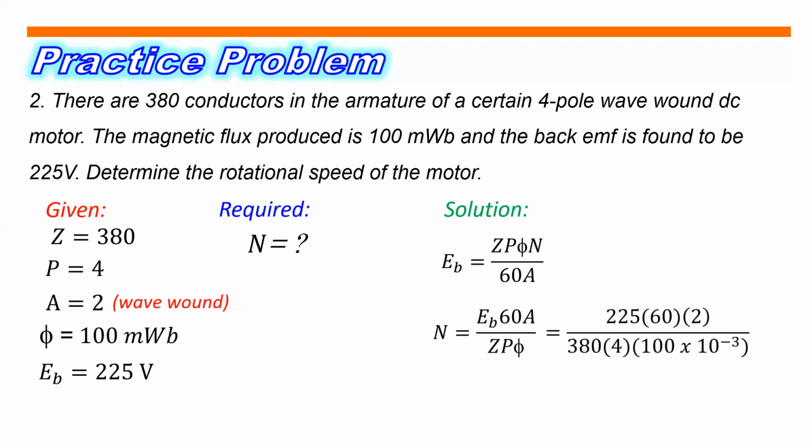So we will just plug in or substitute all the given values to our equation. Then the rotational speed is equal to 177 RPM or revolutions per minute.